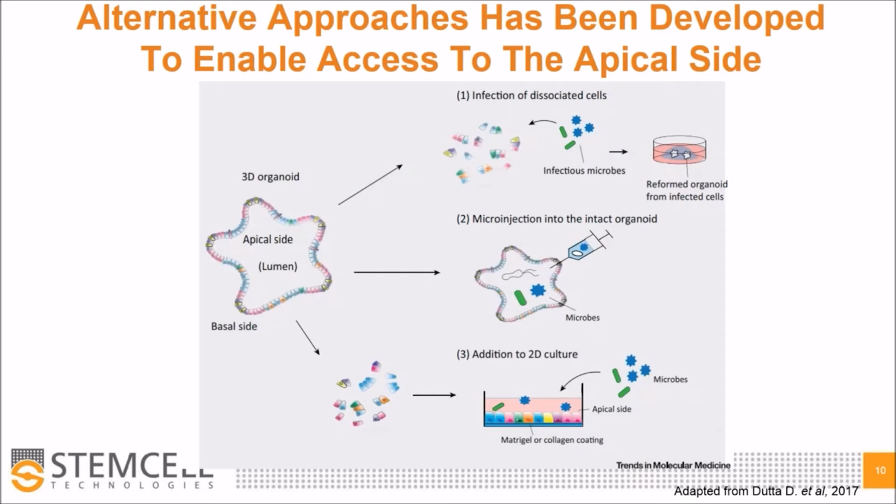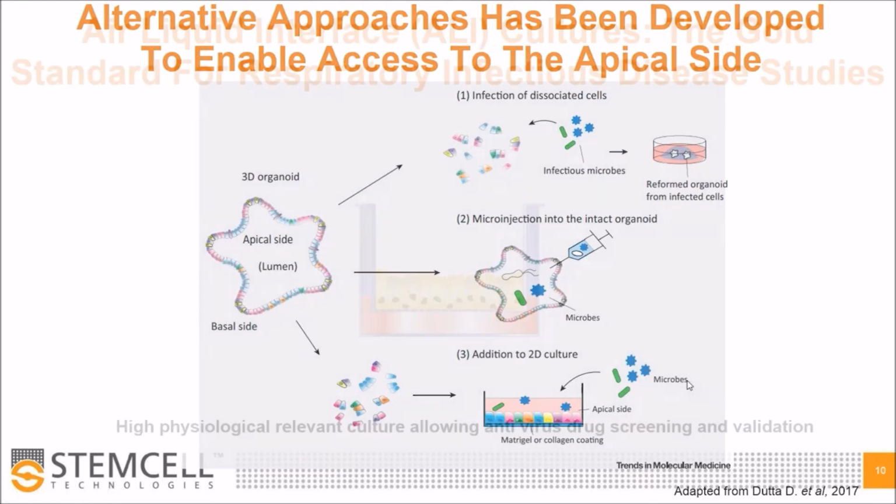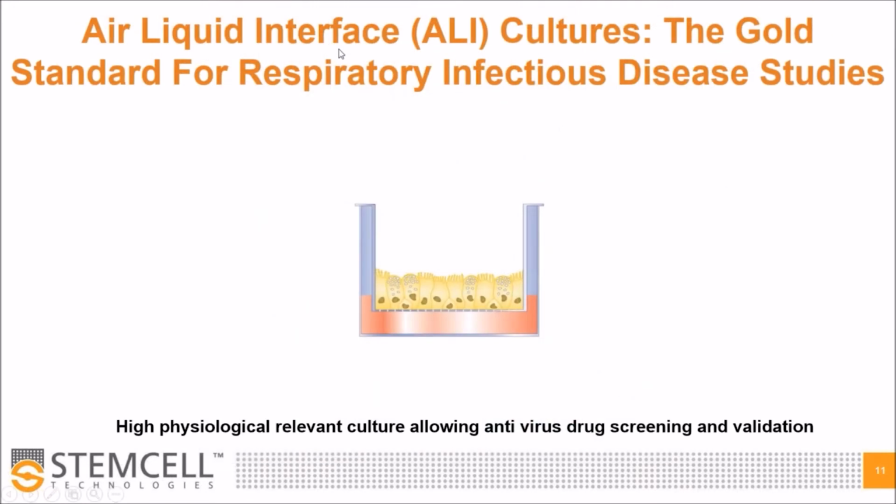Specifically, the establishment of monolayers really reminds me of an established model system used for studying respiratory infectious disease. And as you may know, I'm talking about air-liquid interface cultures. Air-liquid interface is considered the gold standard for respiratory infectious disease studies.